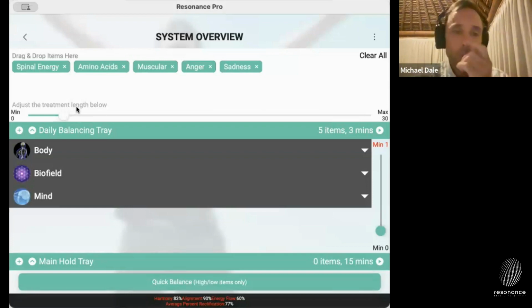Okay. As I said, a 3-minute quick balance, and then, going into the daily balancing, we've got our specific diagnosis that we're working with. In this case, it's a muscle spasm in the rectus spinae muscle in the T region of the spine. And we've chosen these different biomarkers to work on. What you'll notice is this has been a collaborative process between me and the client.